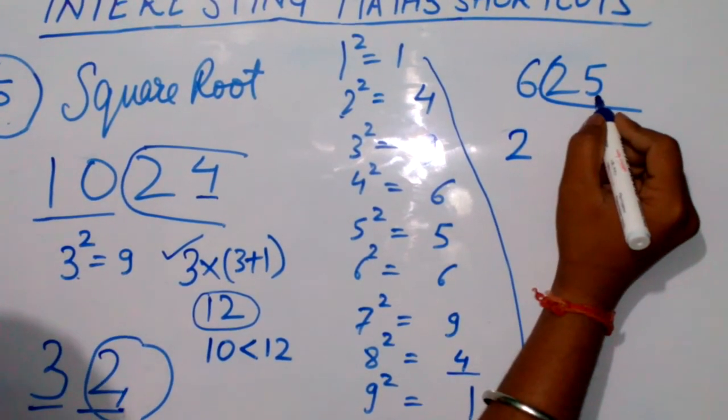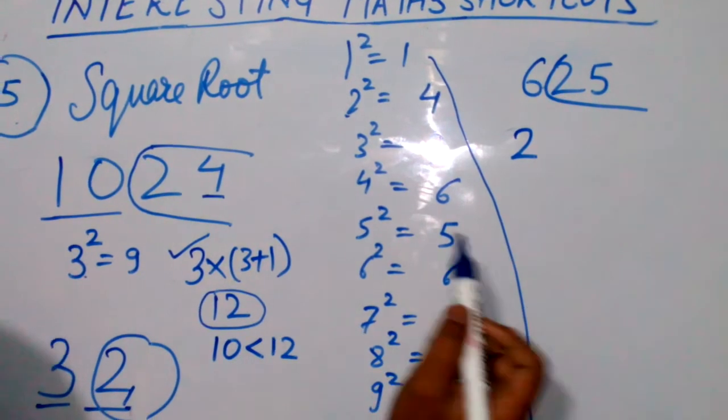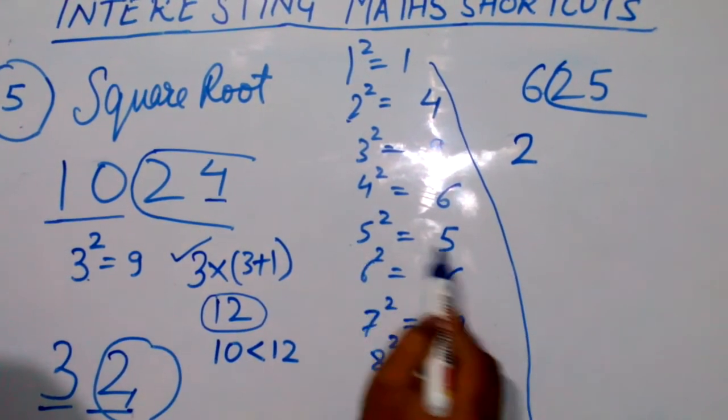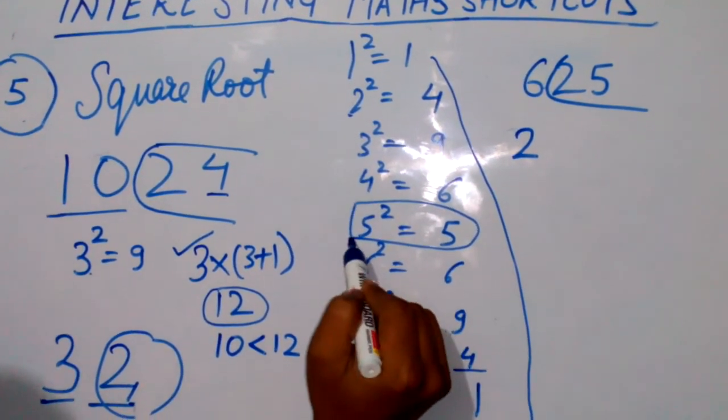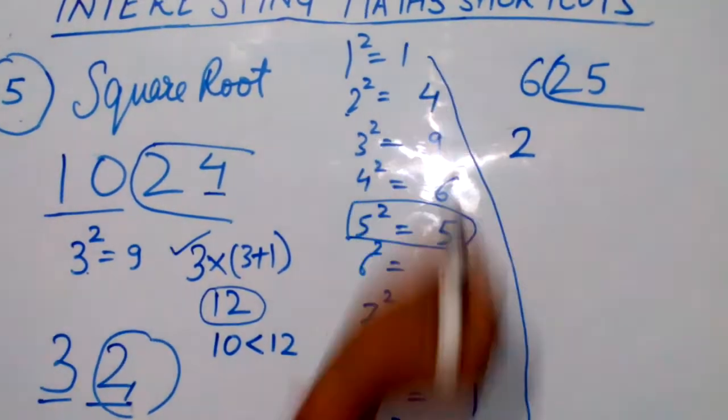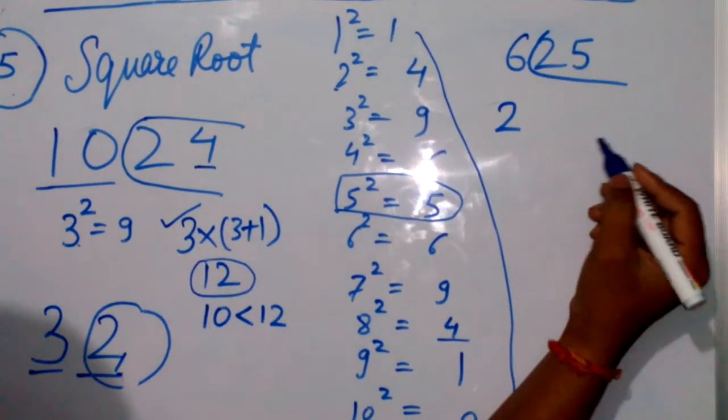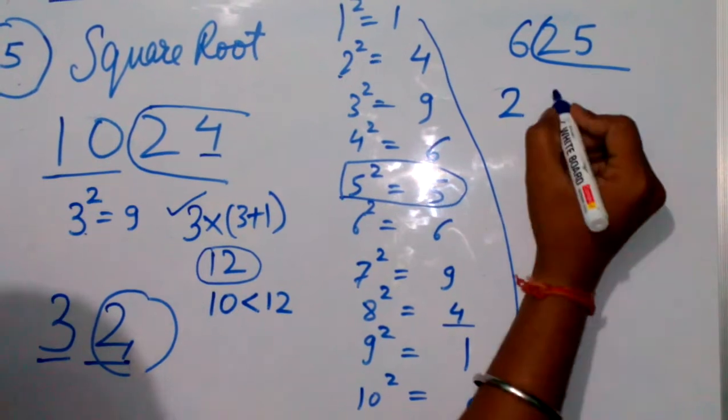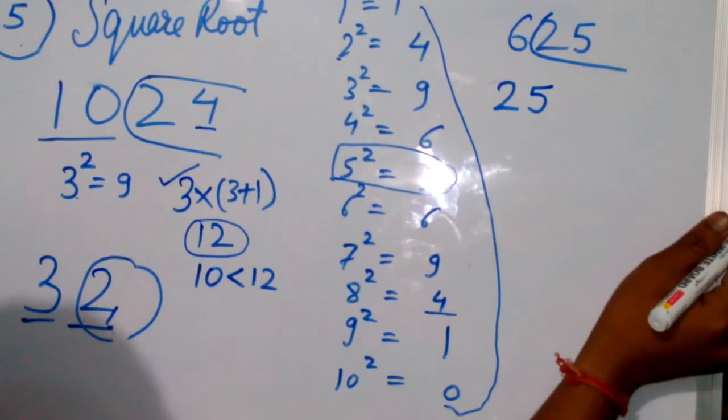Now how will 5 come here? For 5 there is only one option. The square of 5 has last digit 5, and there is no other number whose square ends in 5, so it can be written directly as 25.